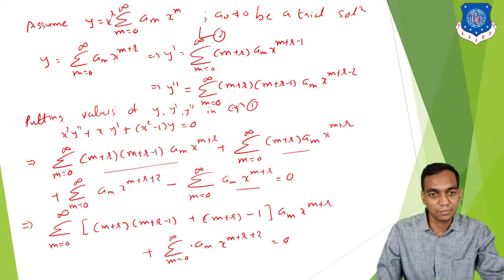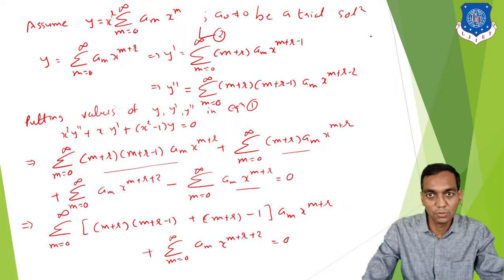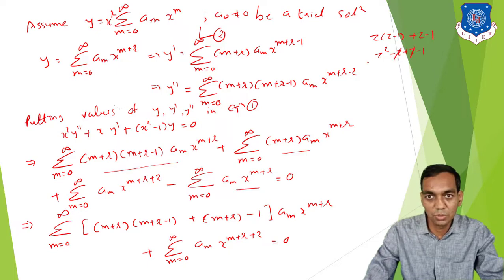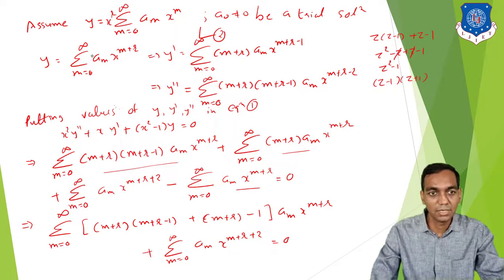Now see, here we have to simplify. So again I am writing it in a form of z. So z into (z minus 1) plus z minus 1. So that will be z square minus z plus z minus 1. So these two will be cancelled out. And z square minus 1 has a factor (z minus 1)(z plus 1). Correct?